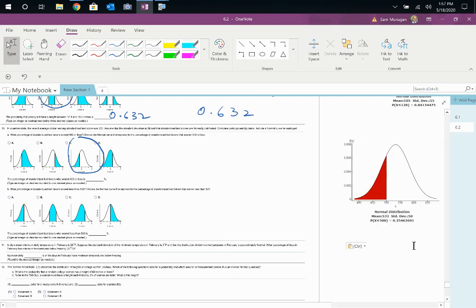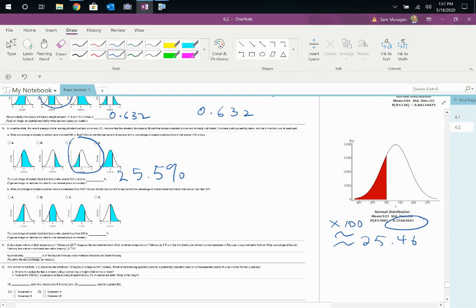So as a percentage, it will be what? 25.5. We take this and multiply by 100 to convert it to percent, and we get 25.46%.